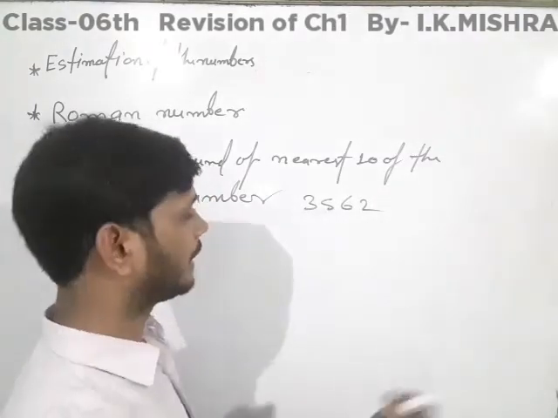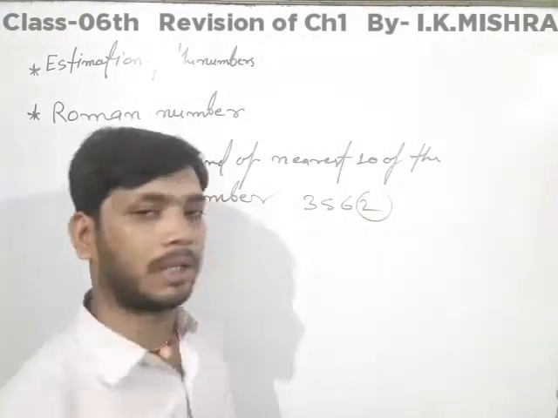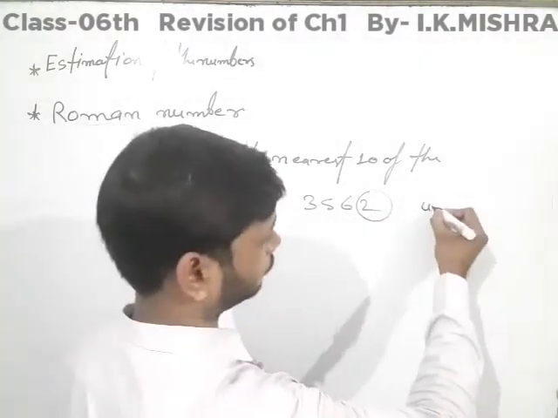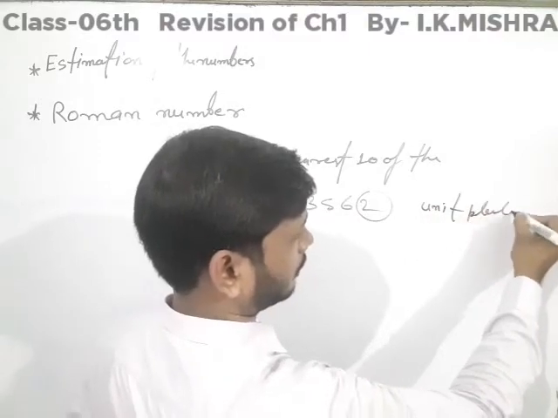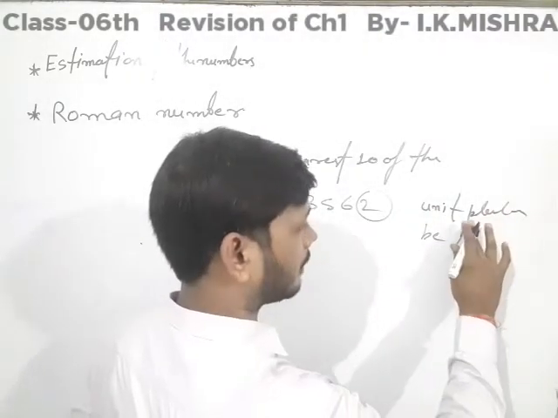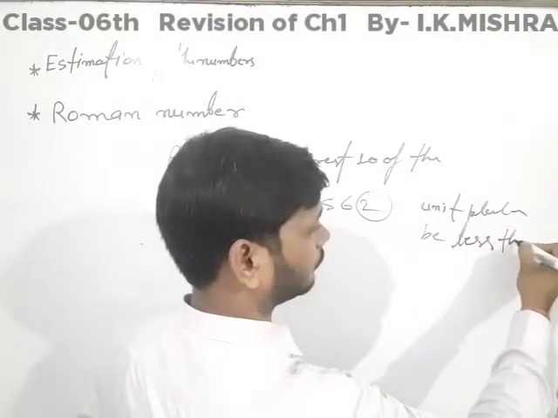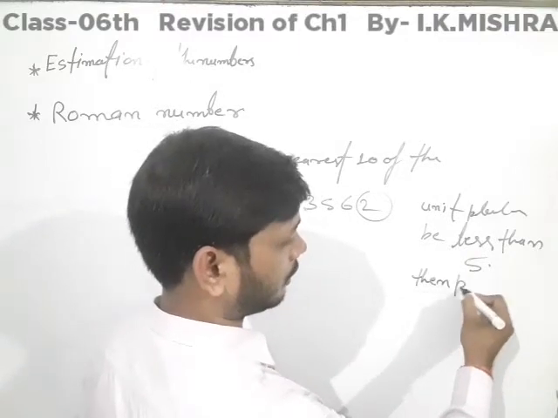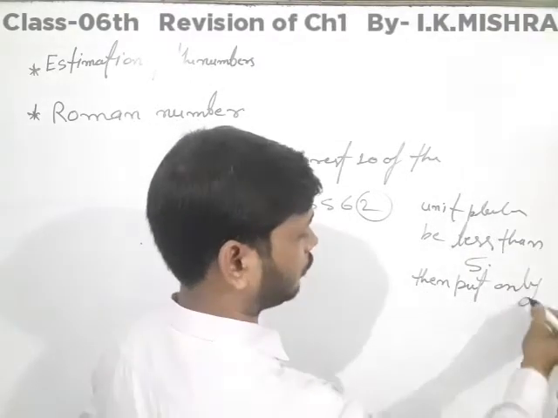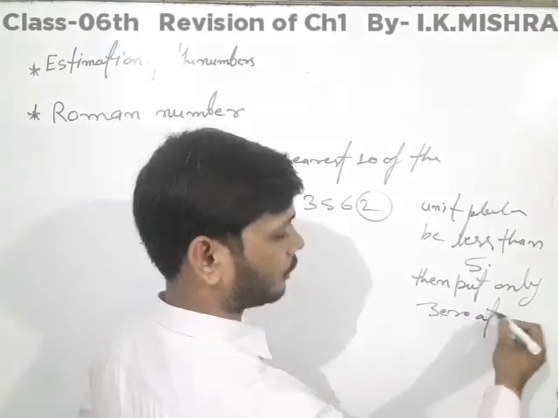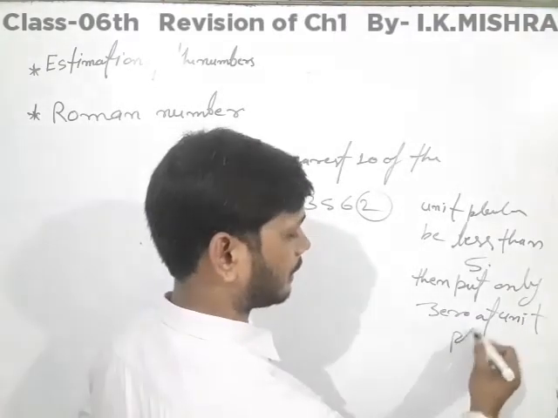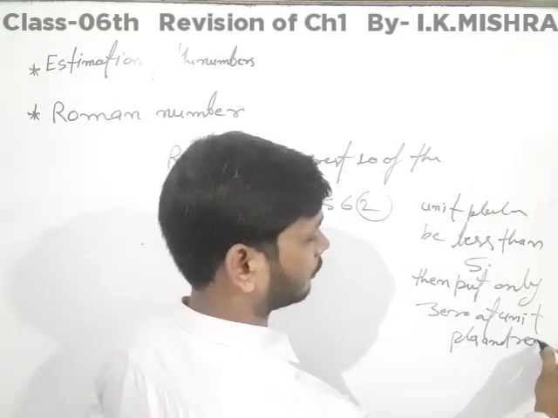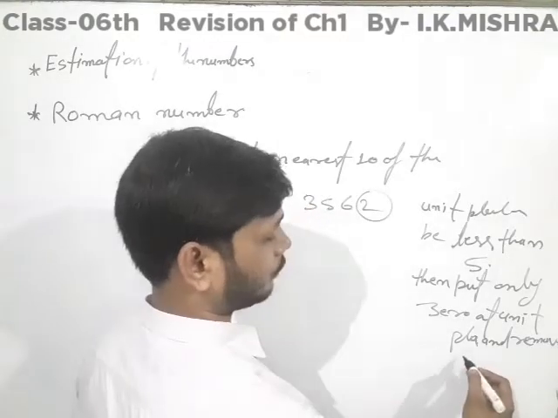First of all, observe its unit place. When the unit place is less than 5, then put only 0 at the unit place and remove the 2.